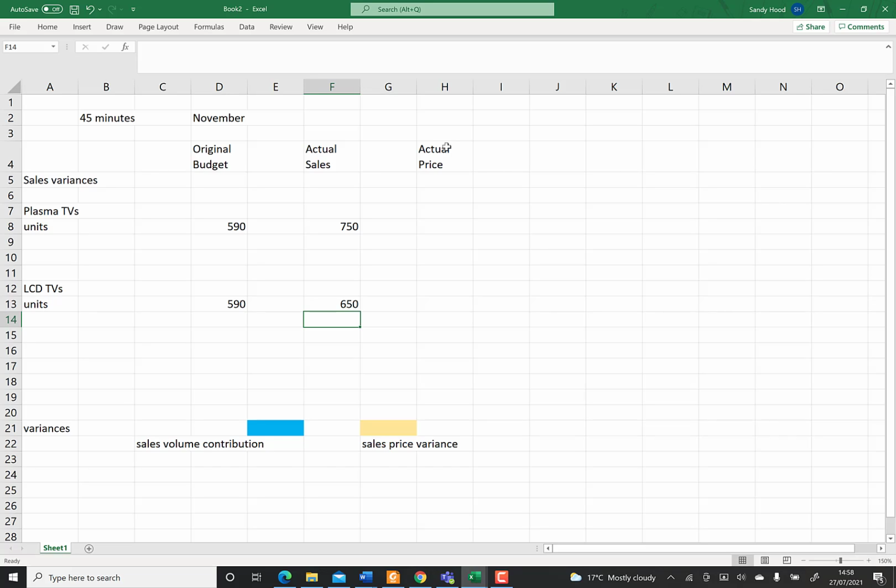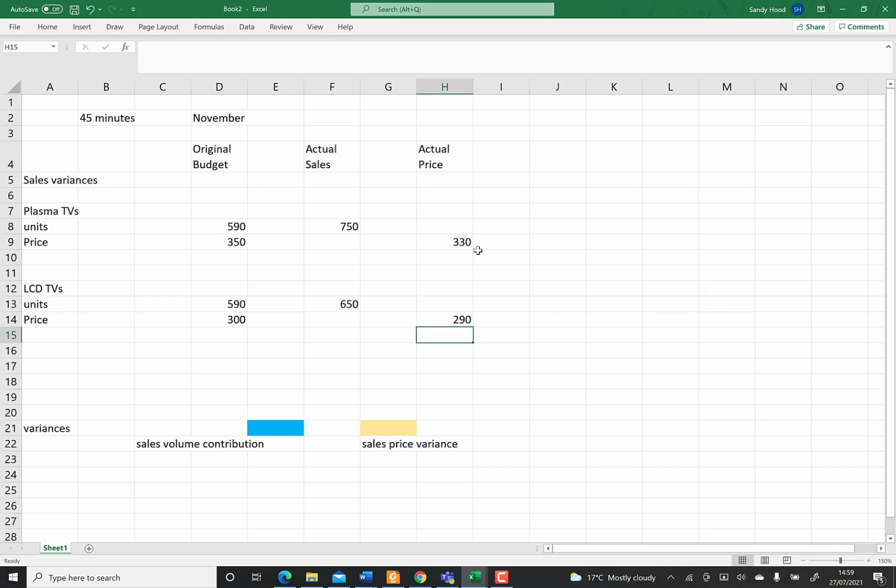The standard sales prices are 350, so we've got the price, and that's standard price is 350 for the plasmas and 300 for the LCDs. The actual sales prices achieved during November were 330 and 290. And we're building up a picture.